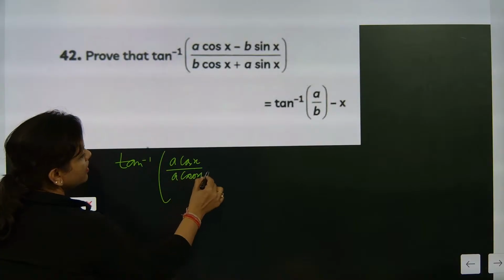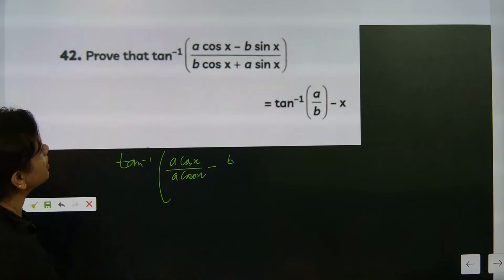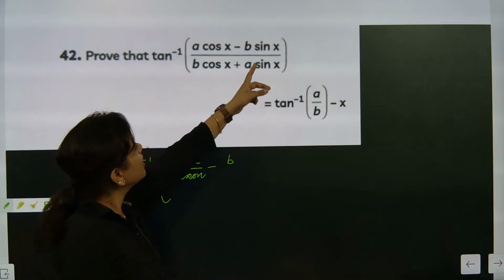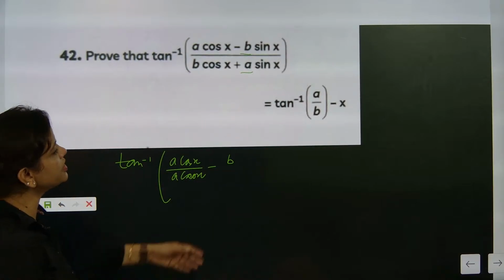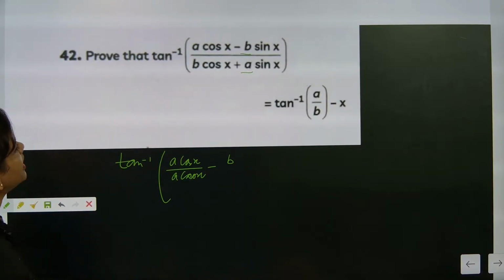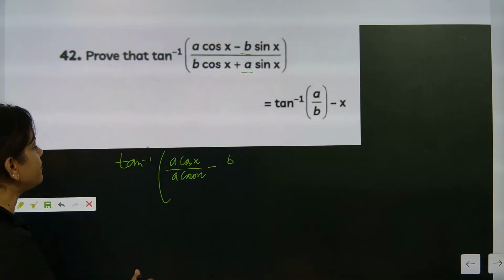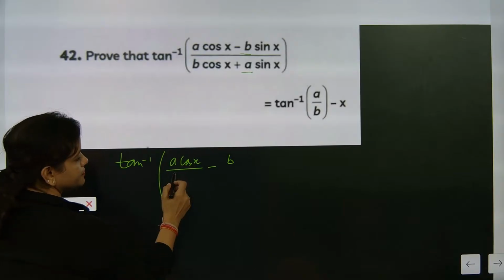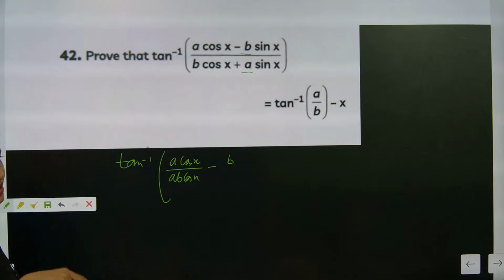Because here A and B are there, here it is B and here it is A. So what are we going to divide it with? Because the answer is given as tan inverse A by B. Think very nicely, because here A cos x is there, and here B cos x is there. So shall we divide it by AB cos x? If we do it, one time it will become B by A cos x. We'll be able to solve this. So now question 42 is done. That's it.